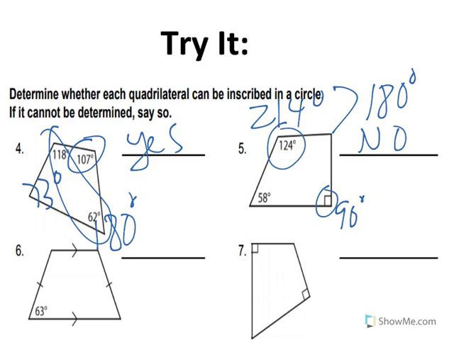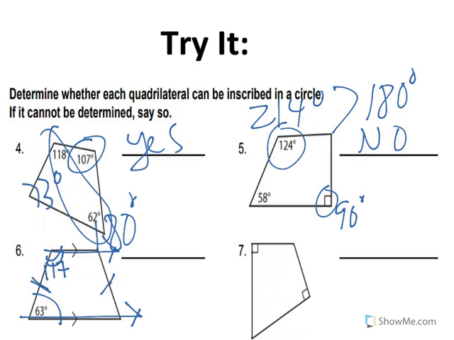And we're given that these two lines are parallel, right? So that means that this angle and this angle are supplementary. And we're given that these two are congruent as well. Okay, so 180 minus 63 gives us 117.